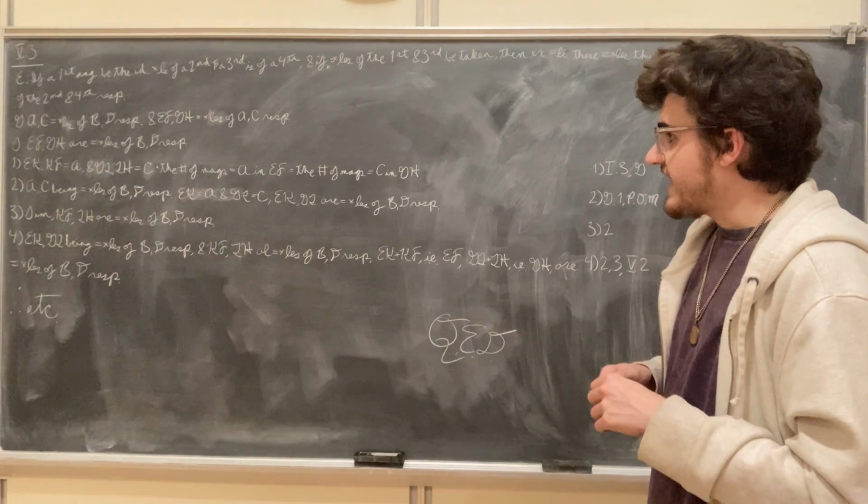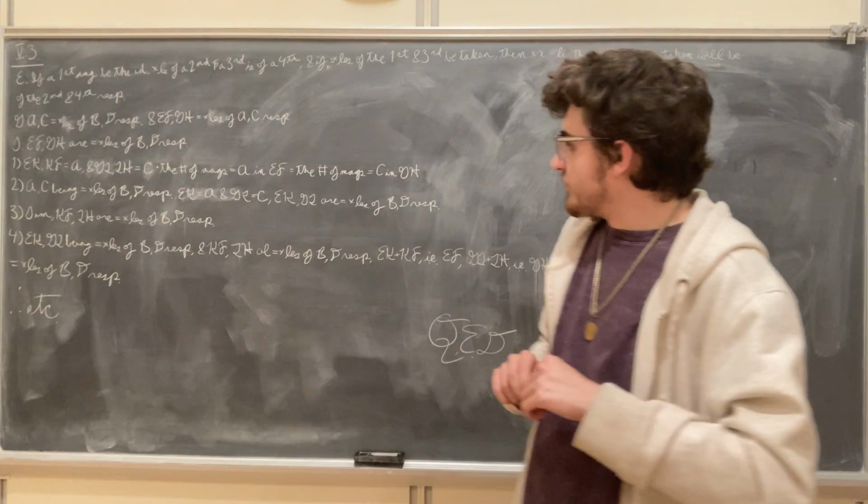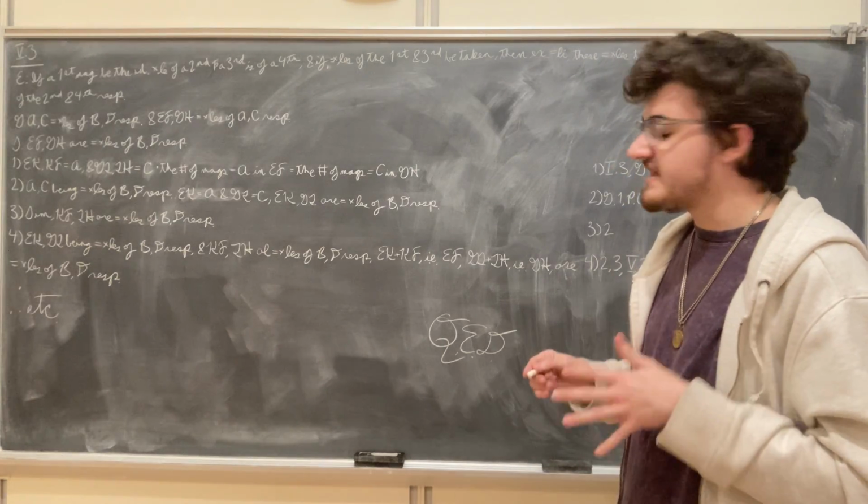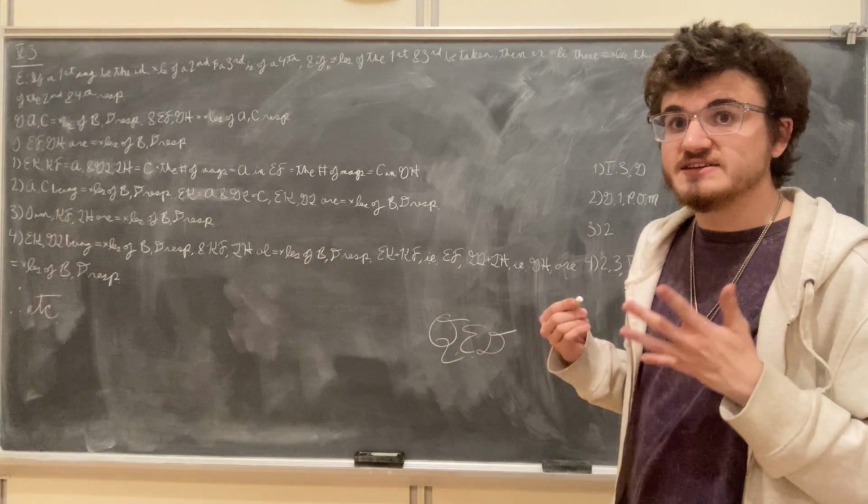Particularly here, we have EK and GL being equal multiples of B and D, and we have KF and LH being other equal multiples of B and D.